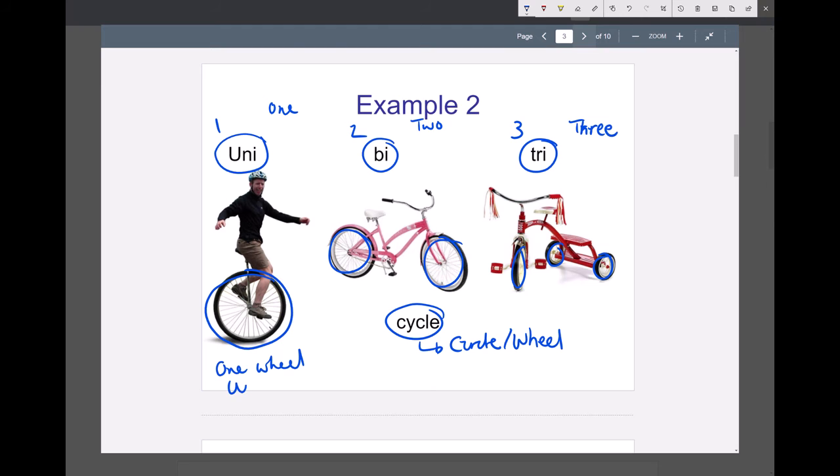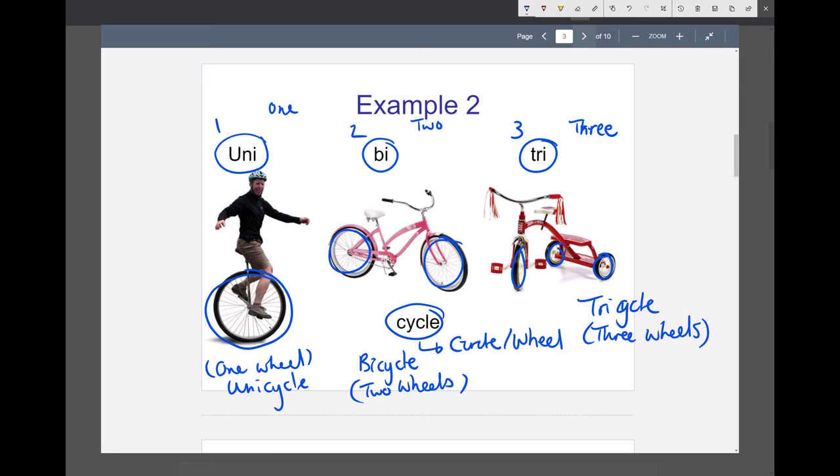A unicycle. A bicycle, which you probably know how to ride, 2 wheels. A tricycle, which you also know how to ride, anyone can ride this, has 3 wheels.